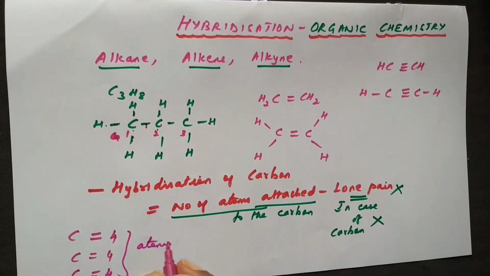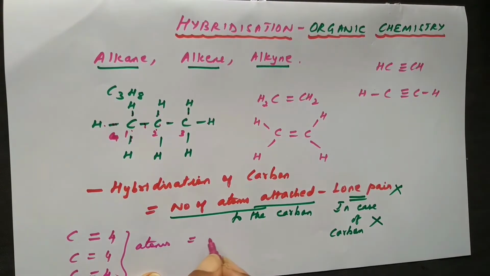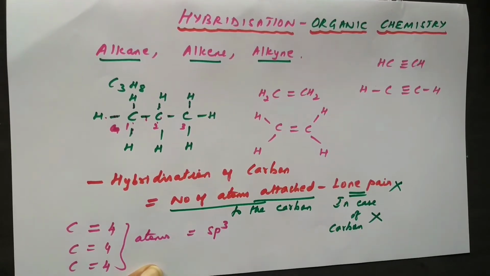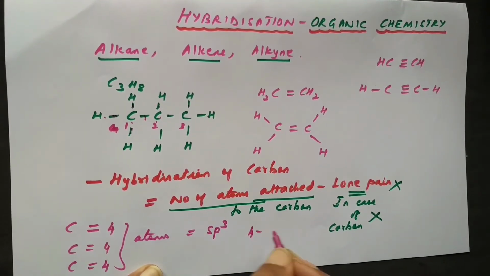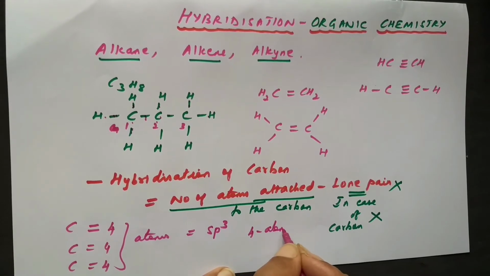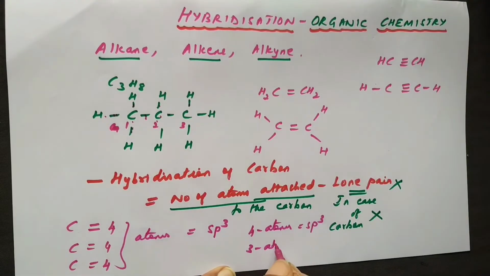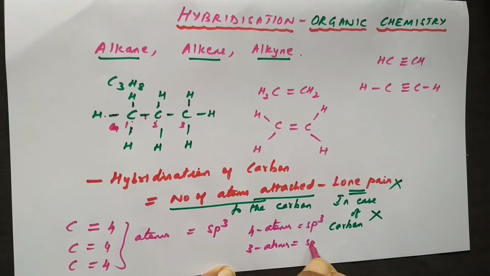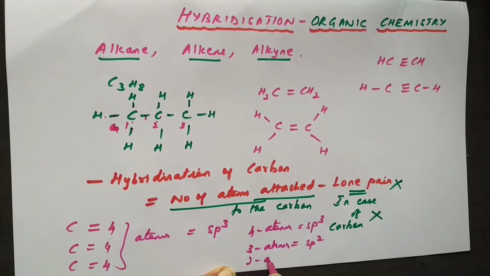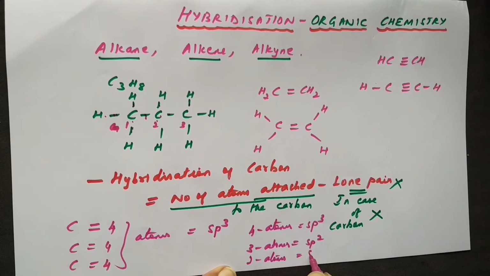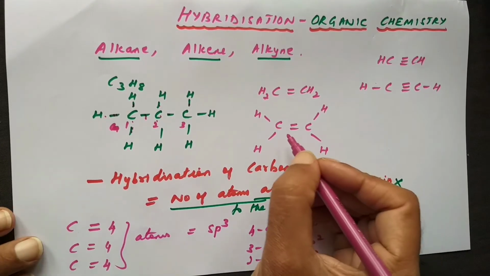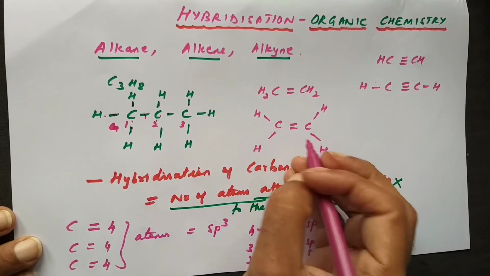Whenever the carbon is attached with 4 atoms, it will be sp3. Whenever it's attached with 3 atoms, it will be sp2, and with 2 atoms it will be sp. Now take the alkene carbon I discussed.